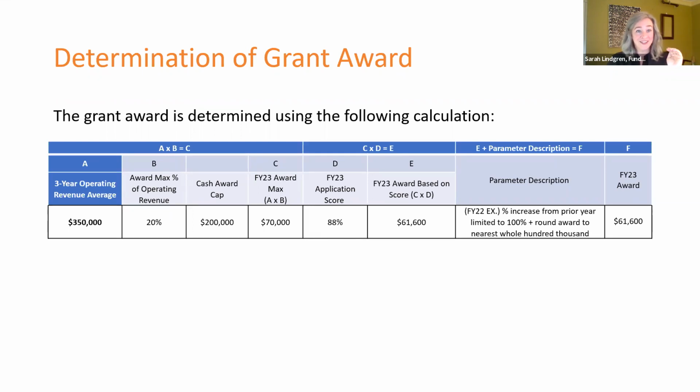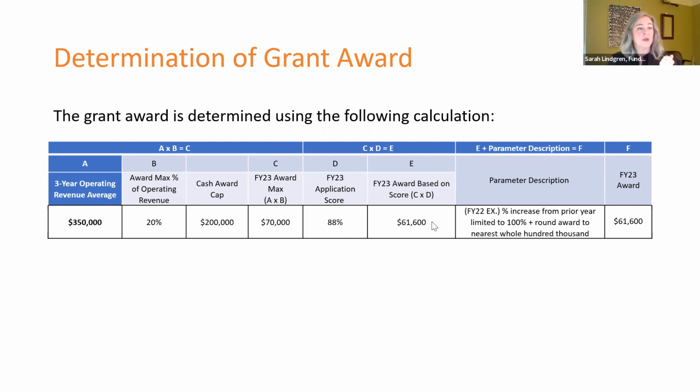Remember, we had the screen a few minutes ago: 88 out of 100 points would give you an 88%. So let's say your answer to C is 70,000 and you've received an 88%. Then you get the answer to E, 61,600. So your max amount in the formula, multiplied by your score, gives you a new number.